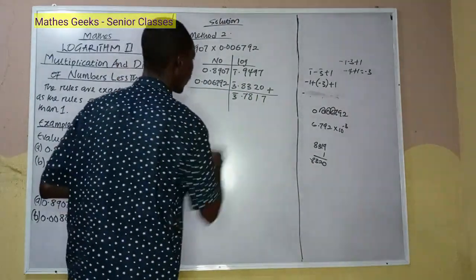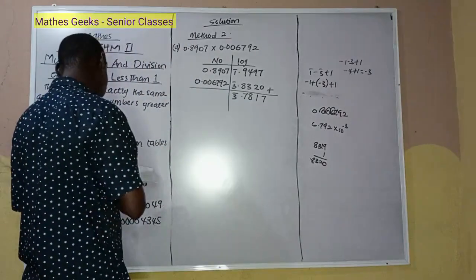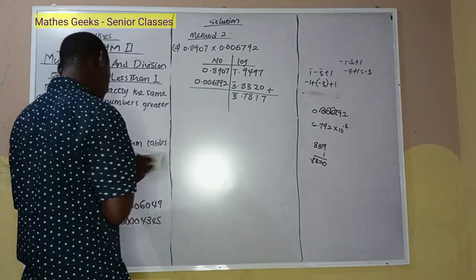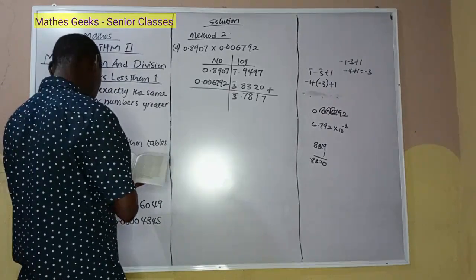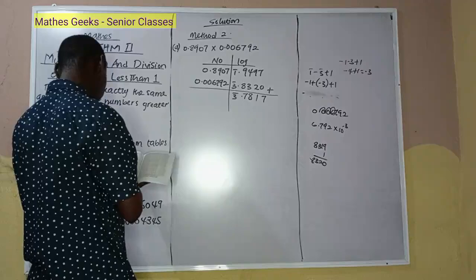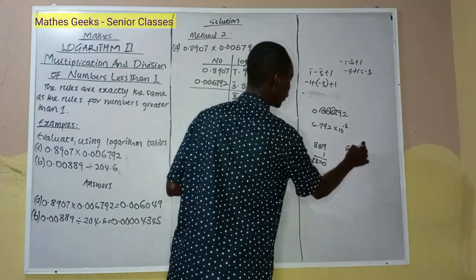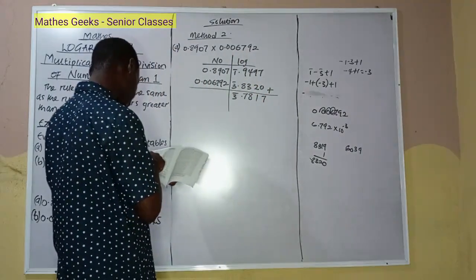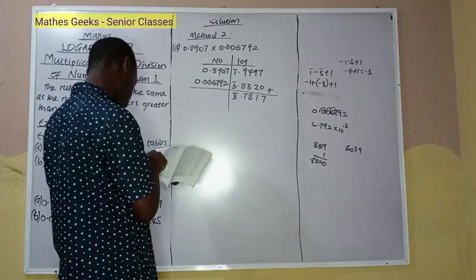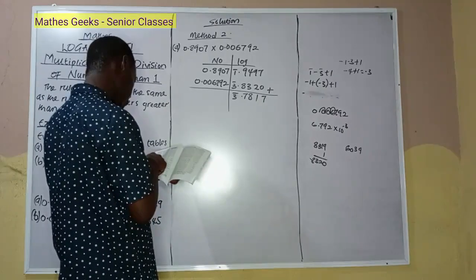So now we're going to look for the antilog of this part, 7817. So 0.78 on that one is 6039.